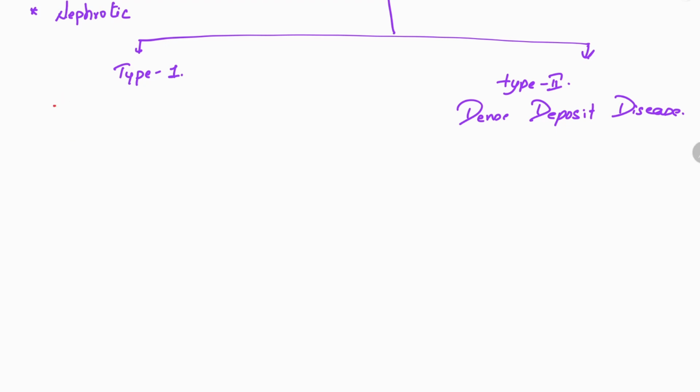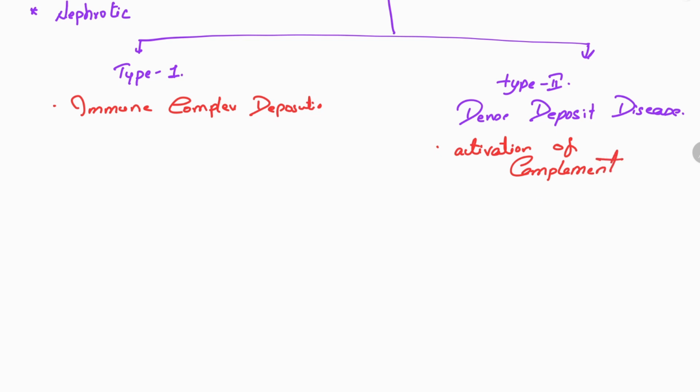It is immune complex deposition. So here you can observe immune complex depositions, and sometimes complement is also deposited. Whereas in type 2 you can observe activation of complement pathway. So these are the important points that you must remember here.